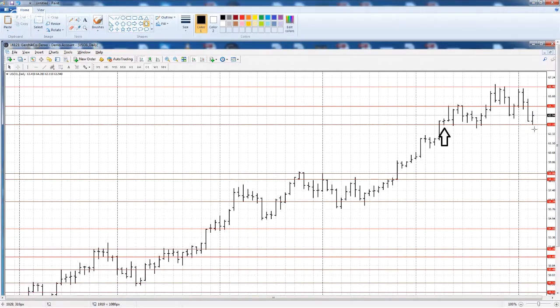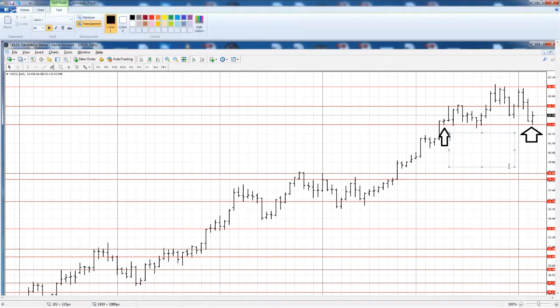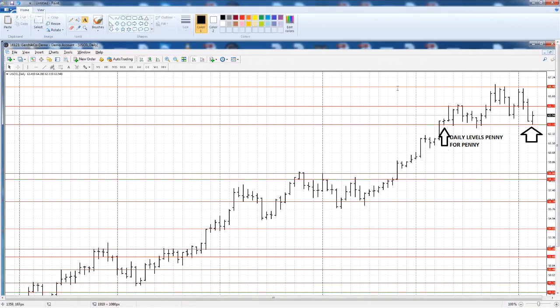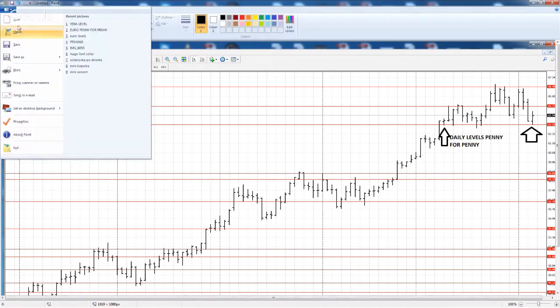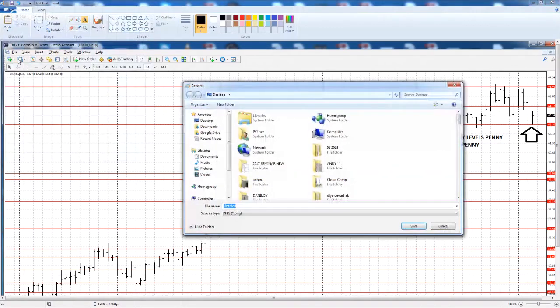And this is a continuation. So right here, usually, we're going to put daily levels, penny for penny. Okay, then we're going to save it and we're going to go to the 5-minute chart.